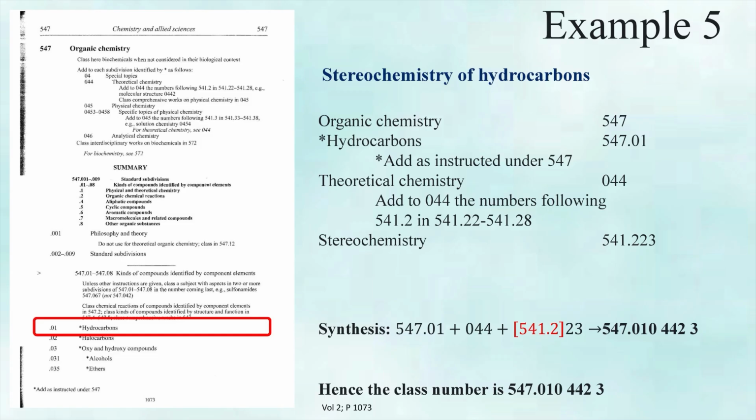Therefore, the number will be 547.0104423. So, the number for stereochemistry of hydrocarbon is 547.0104423. So, you have to keep in mind that this kind of add instruction is very common in classes like 546 and 547. Okay.